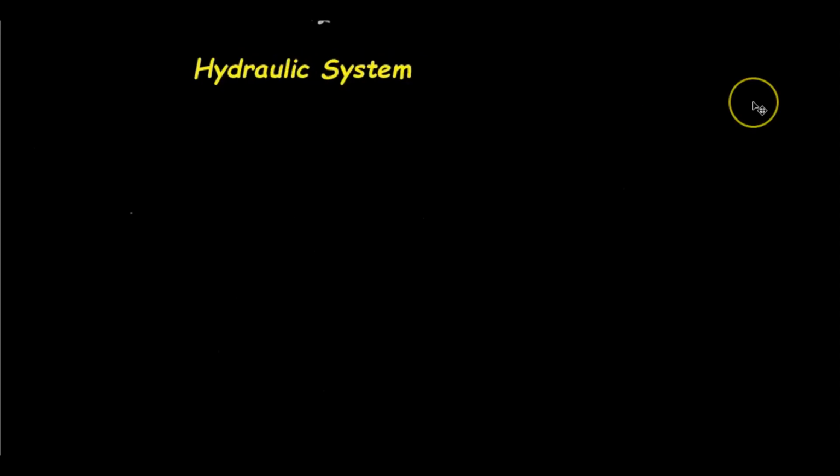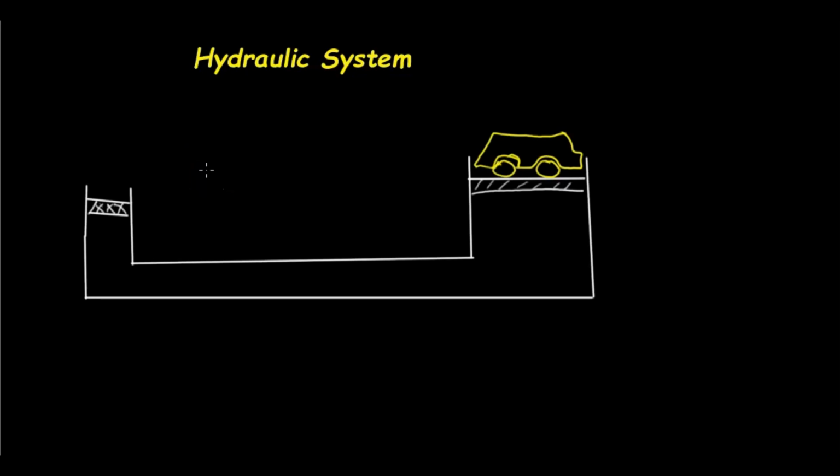Hydraulic systems are machines that are used to convert relatively smaller forces to a much greater forces to overcome a task. This is a typical hydraulic system. It is designed such that this area will be filled with a certain fluid.